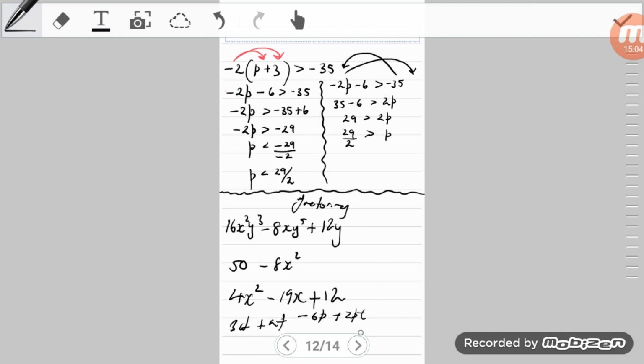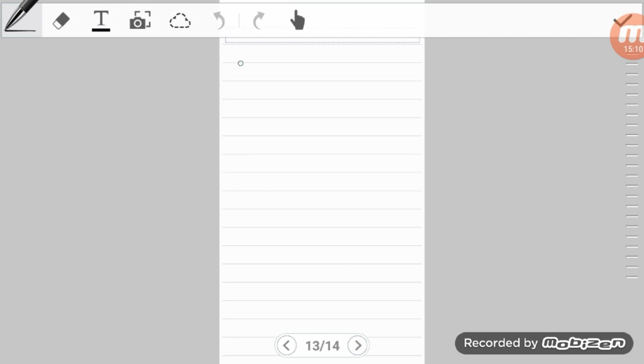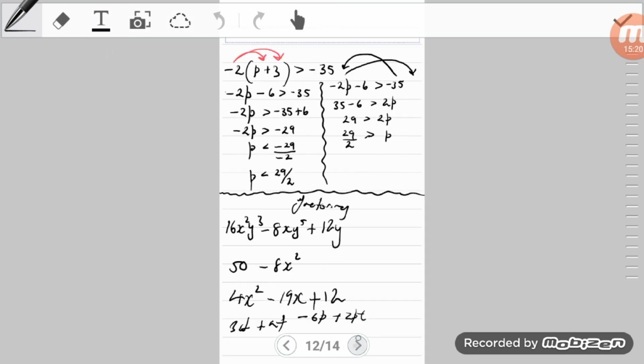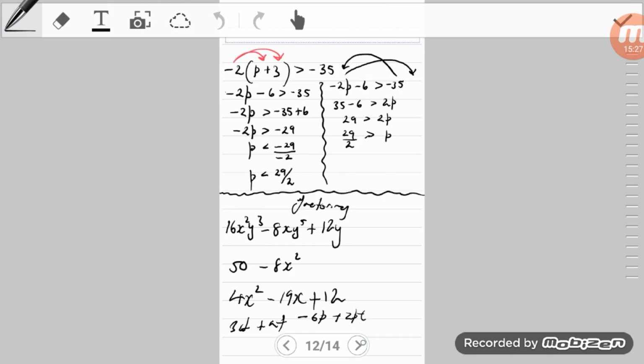So the first problem here would have been 16x squared y cubed minus 8xy to the 5 and plus 12y.